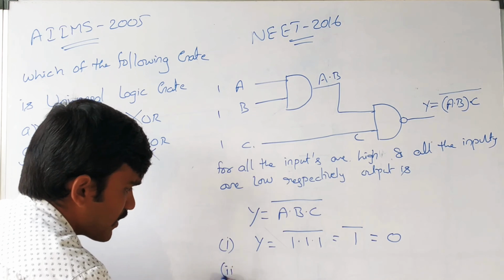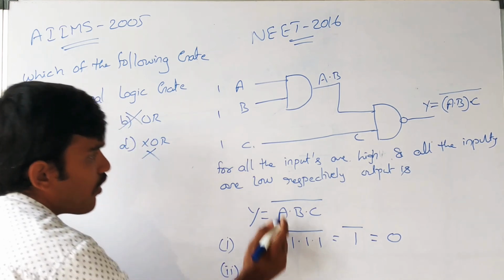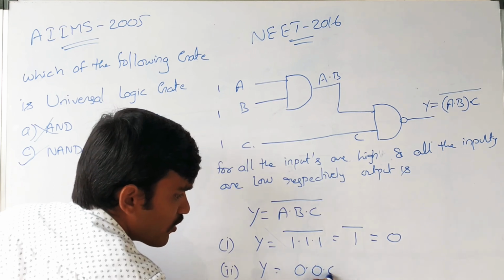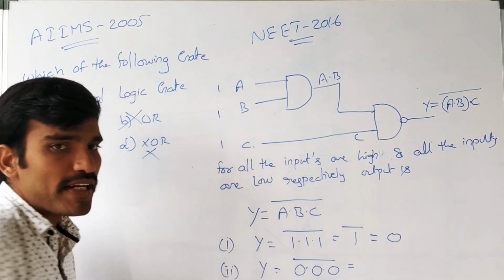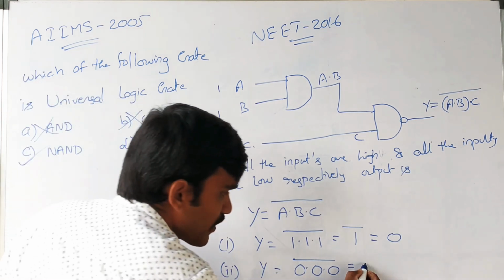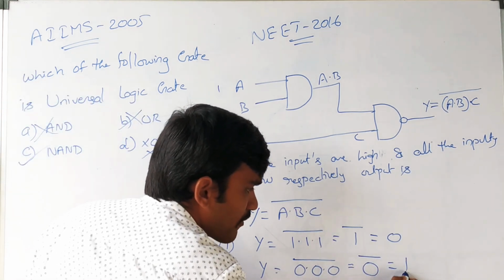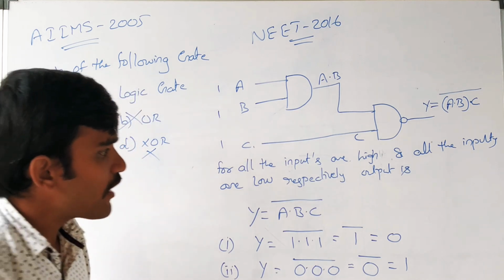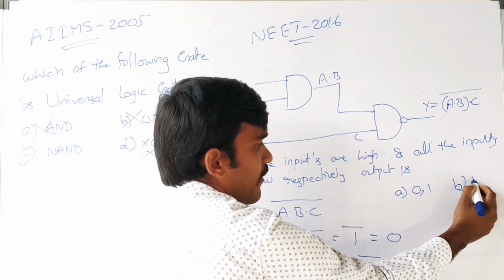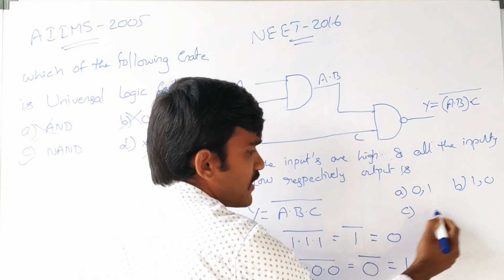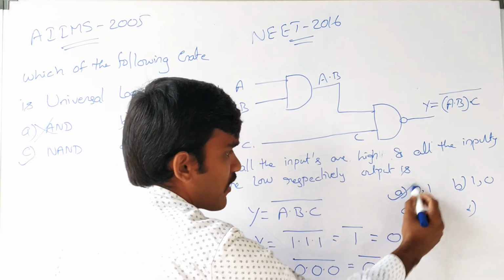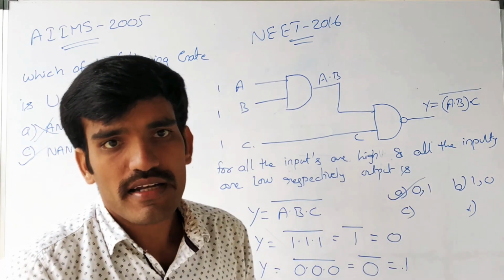The second condition, all the inputs are low: Y is equal to 0 into 0 into 0 whole bar. 0 into 0 is 0, 0 into 0 is again 0, so we get 0 bar. 0 bar means 1. The options are A is 0 comma 1, B is 1 comma 0, and C and D are given similarly. So which option is correct? 0 comma 1 is the correct option. Okay, thank you very much.